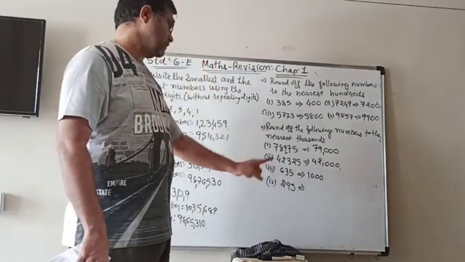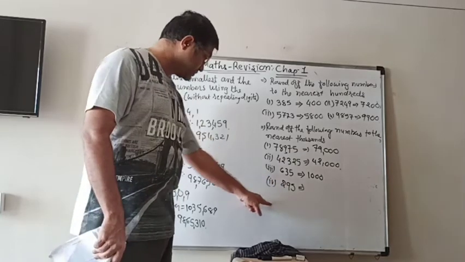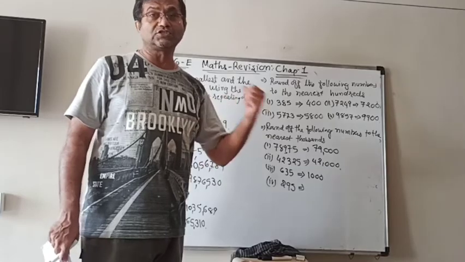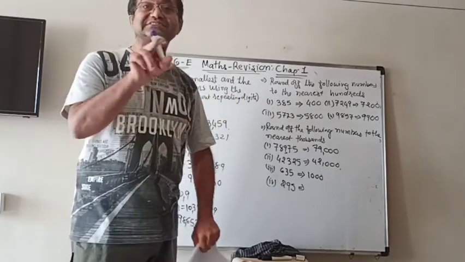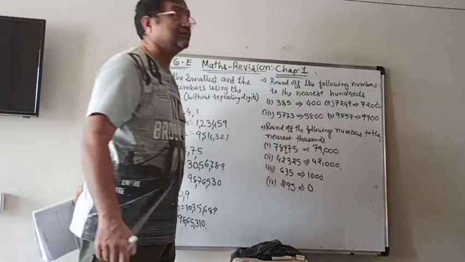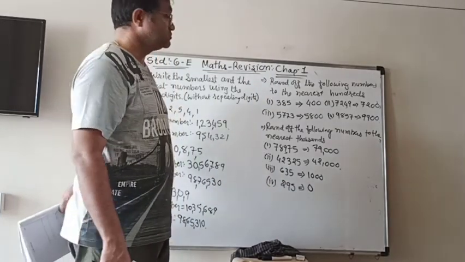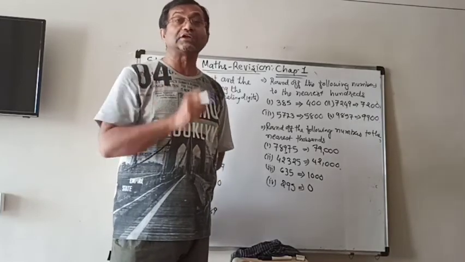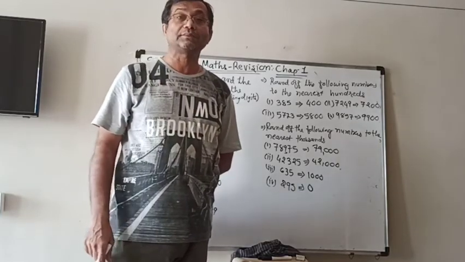But as I told you, if the number is left of the 500, it does not have any thousand nearest, so it is 0. So its nearest thousand is 0. That is one more thing that you have to remember.